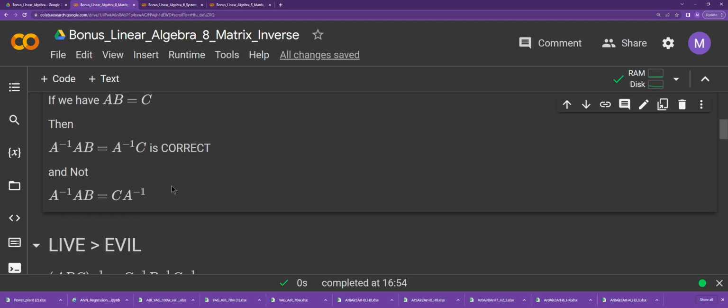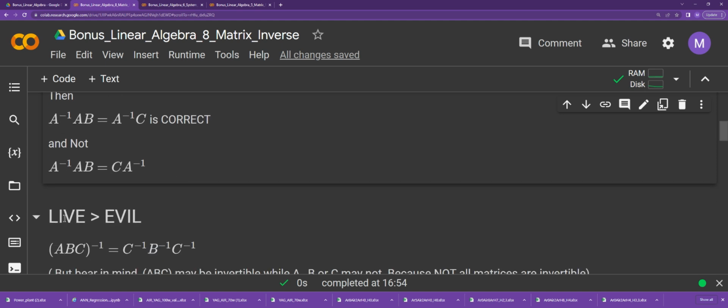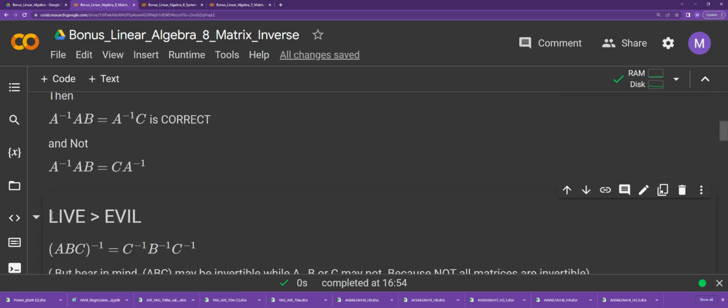And to remember this, just think of "leave evil". Leave, reversed, becomes evil.